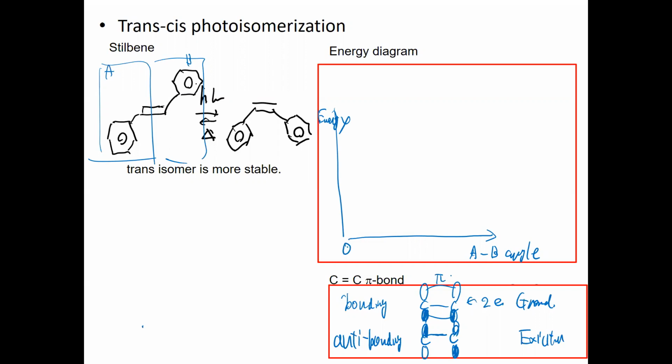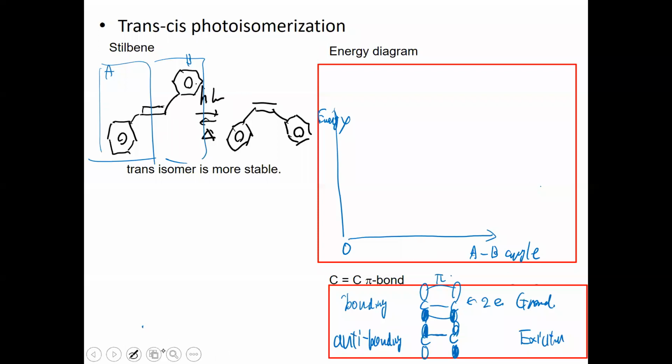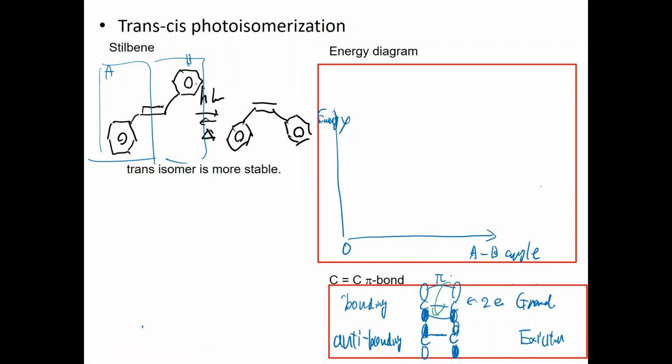Of course, initially the ground state at angle 0 is better, but if this pi orbital is rotated, the energy is getting higher. So it's something like this. This is S0, the ground state.